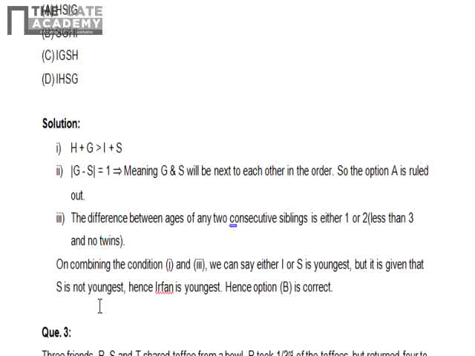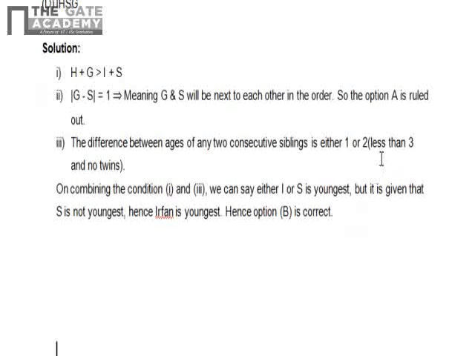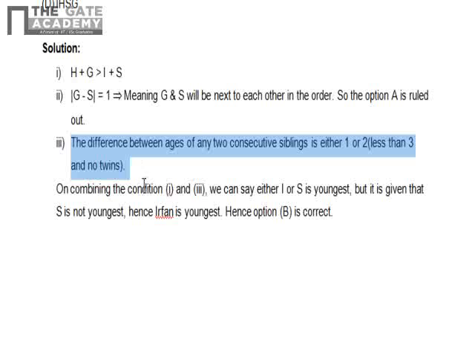The difference between the ages of any 2 consecutive siblings is either 1 or 2. That means less than 3 years and no twins. If you combine the first and this third point, you can think of some options. For example, you can take one age as 1 year, then you can have the other ages as 2, 3, 4, and in this way you can have some options for the ages of the different brothers and sisters.